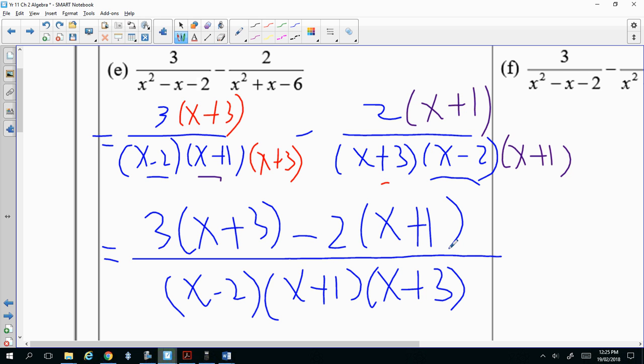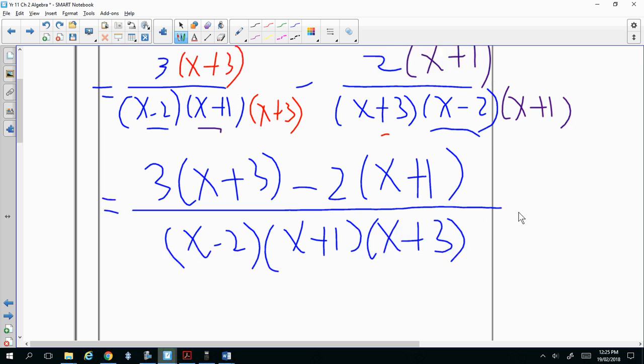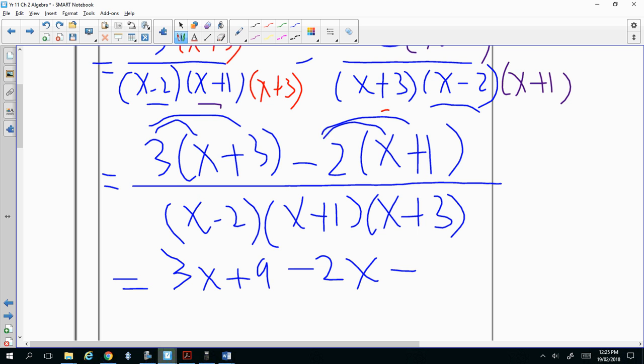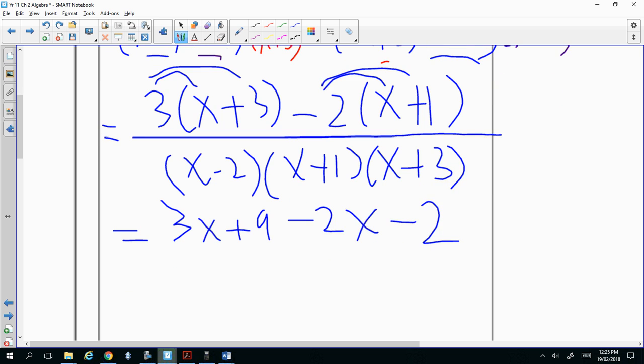X plus 3, no, you can't cancel. See, there's a minus in between, so you can't cancel these two. You can only cancel when there's only times in between. So now you have to expand this, okay? So you get 3x plus 9 minus 2x minus 2 over this, like that.